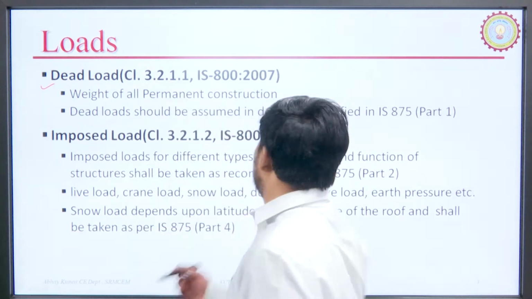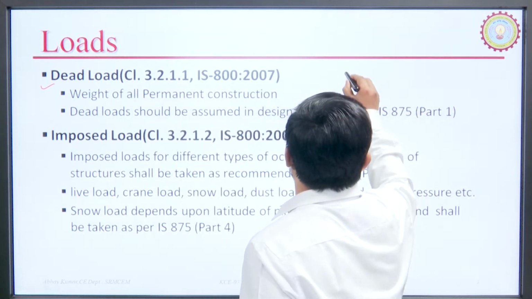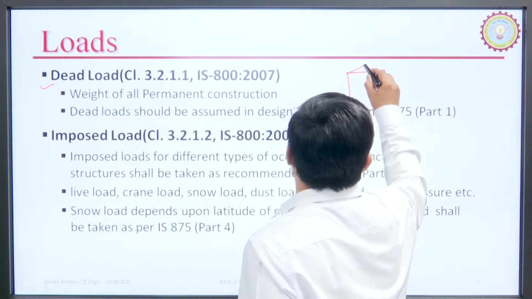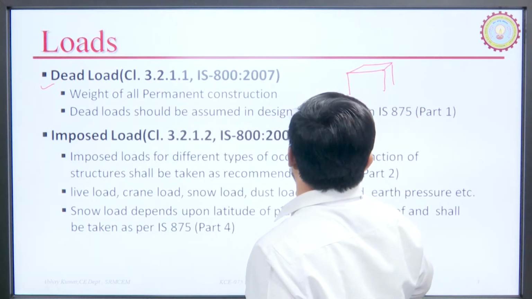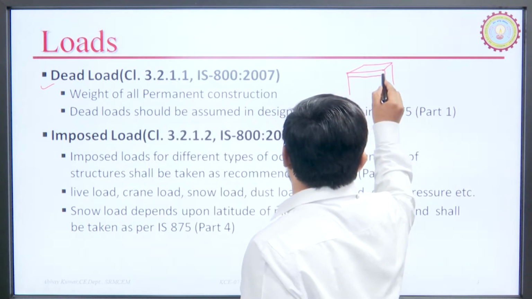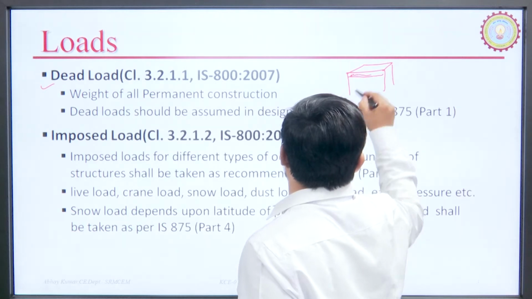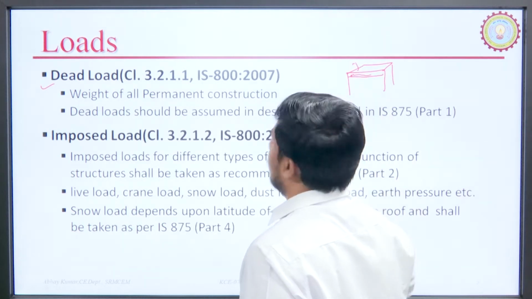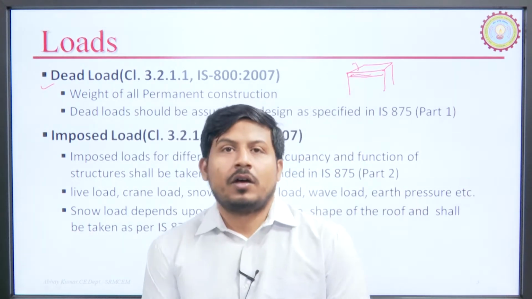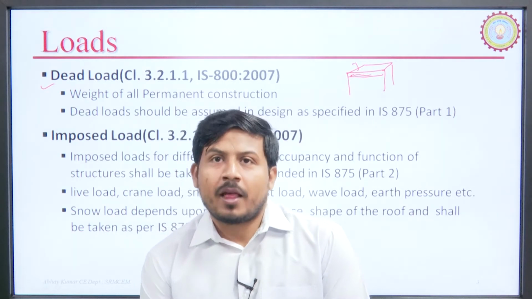For example, if it is a house, let me just show you. The weight of this beam, the weight of this slab will come under the category of dead load.